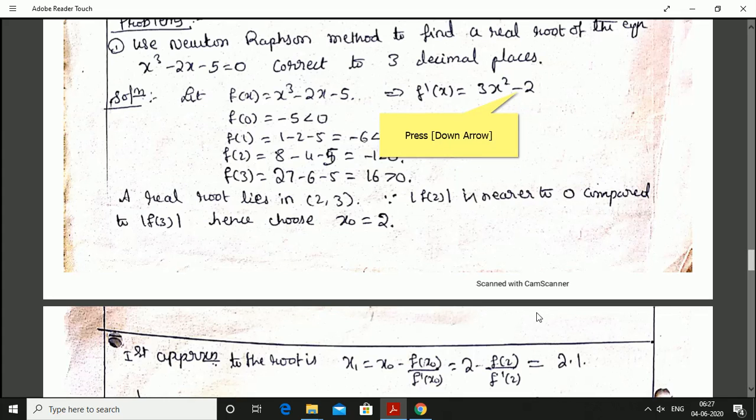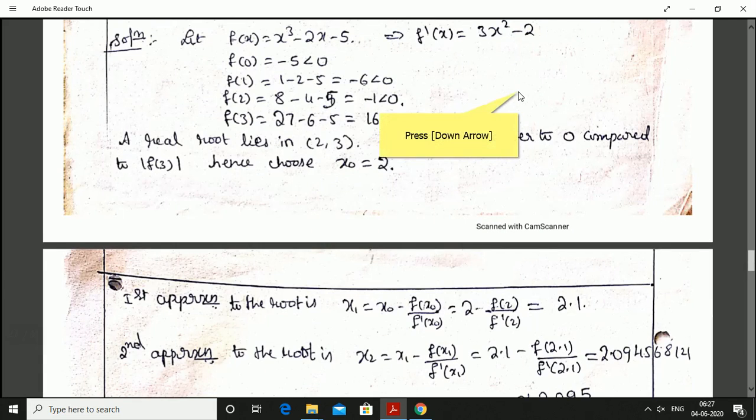Answer cube minus 2 into answer minus 5, close one bracket, divided by f dash of x2, which you need to calculate. x2 is stored in the answer key in your calculator. 3 into answer square minus 2, close both the brackets, equals.